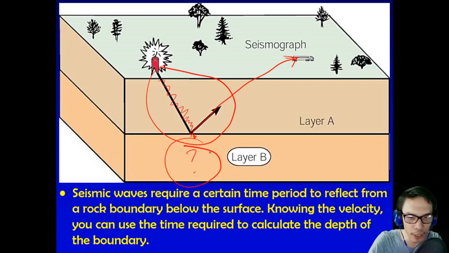In modern technology, the computer can now create an image of this area, just like an ultrasound, so they can map out the ground underground in order to find oil, natural gas, and so on.